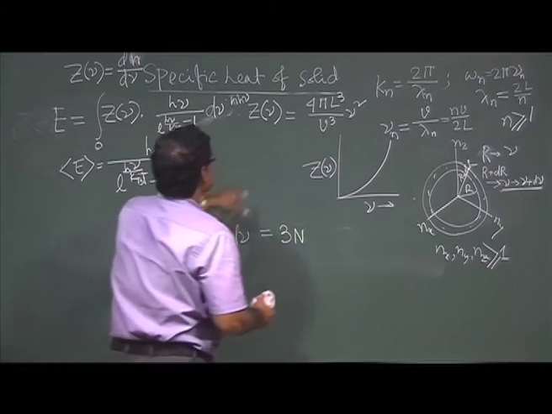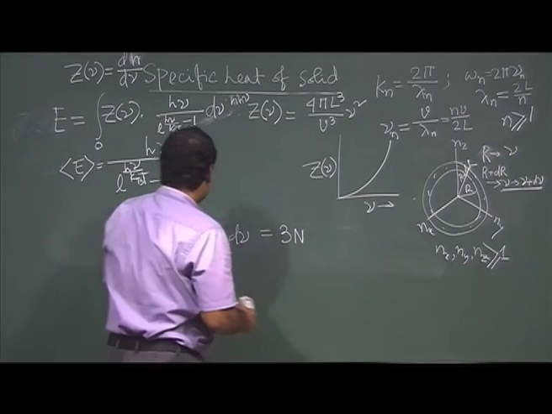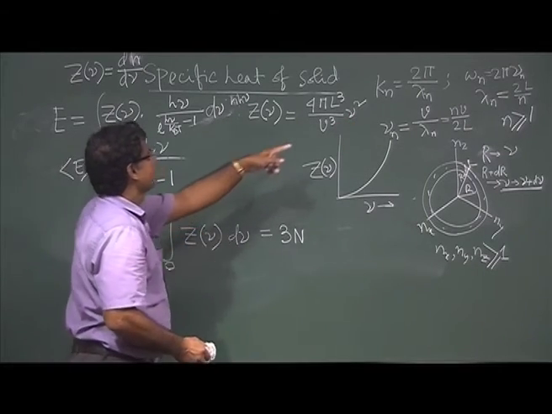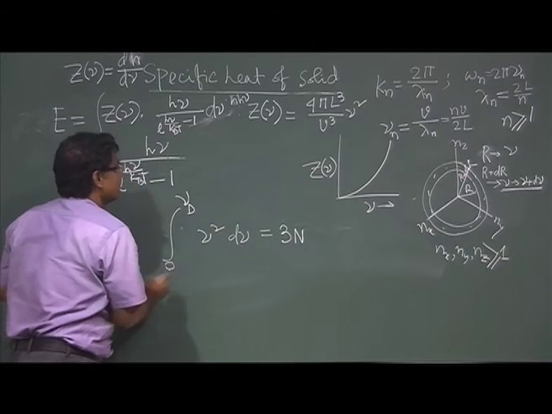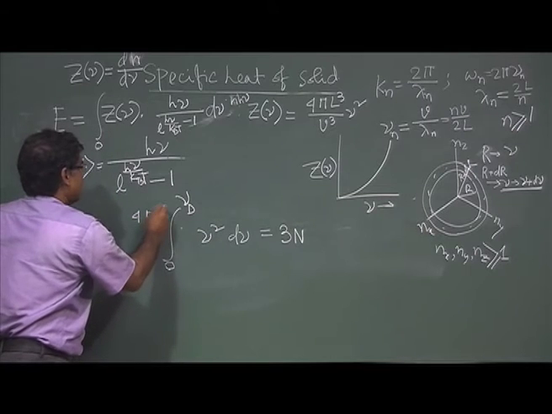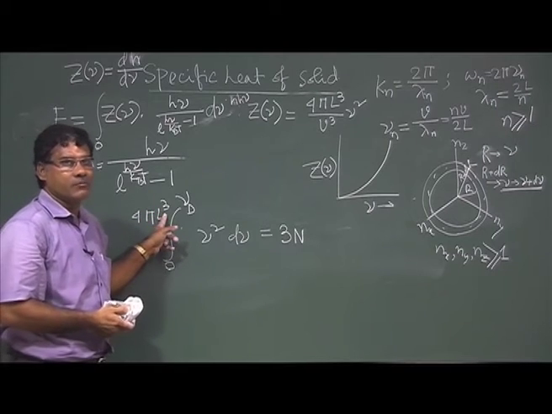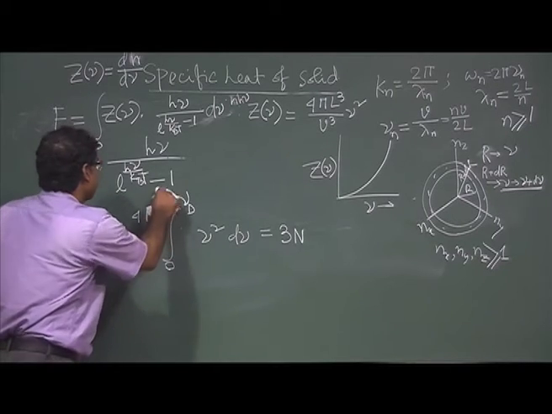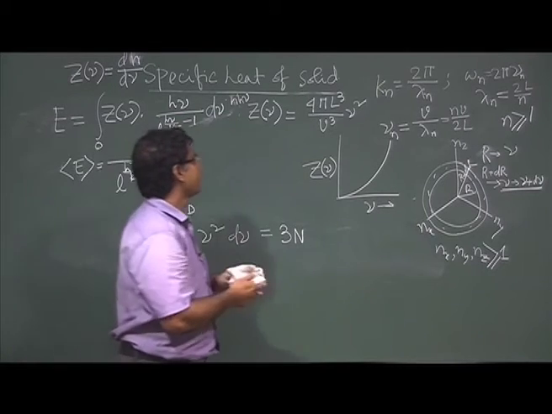So, here you can see 4 pi L square nu square. I have to integrate over nu square d nu. Outside it will be 4 pi L cube. L cube we can write as V, the volume of the cube, right.